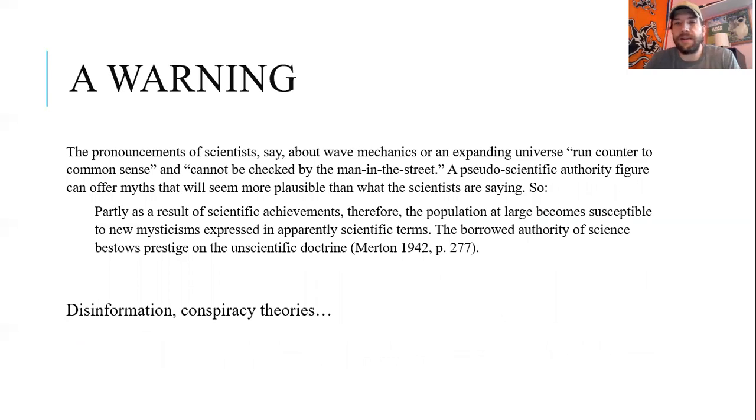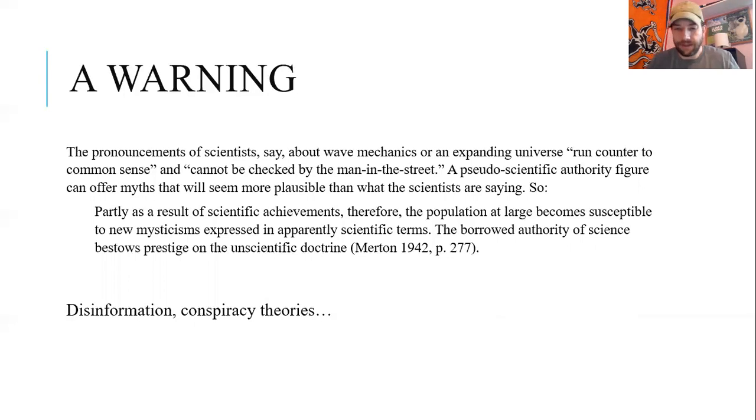I think this is a fascinating part of his essay, and I want you to think, for example, about QAnon and other things going on in our supposedly enlightened society. Conspiracy theory, disinformation. Merton says, you know, sometimes what scientists tell us seems so far-fetched it runs counter to common sense, like wave theory, quarks, atoms, right? This stuff doesn't seem like it's really going on.